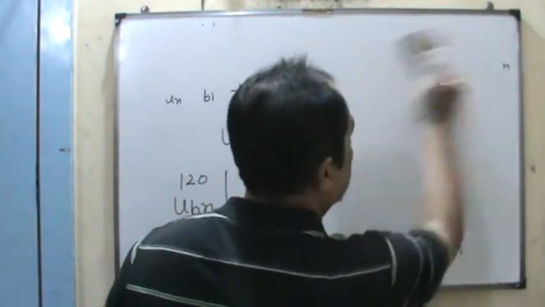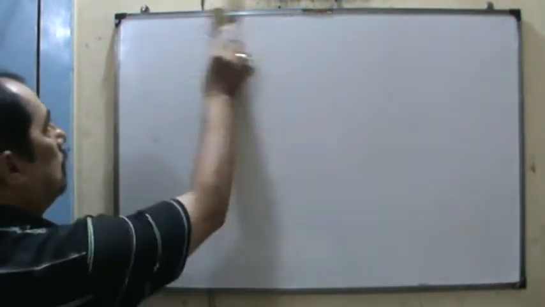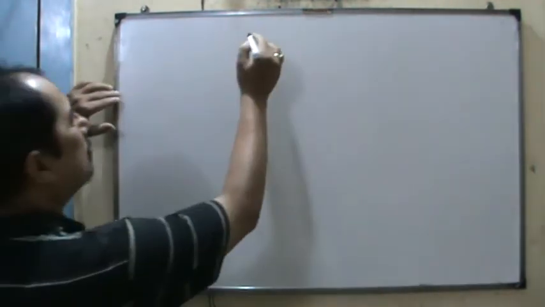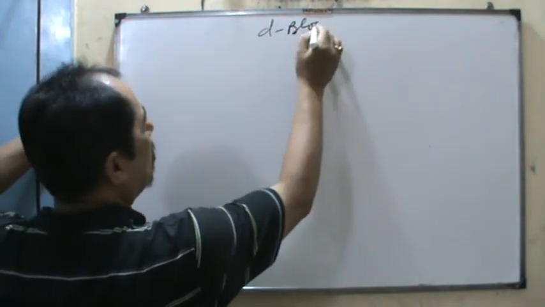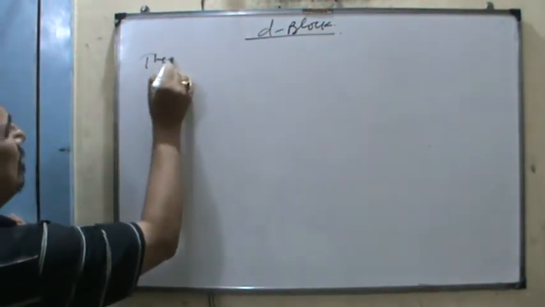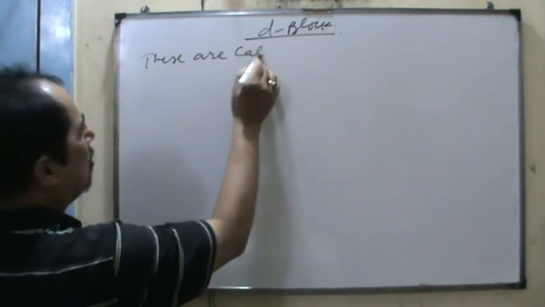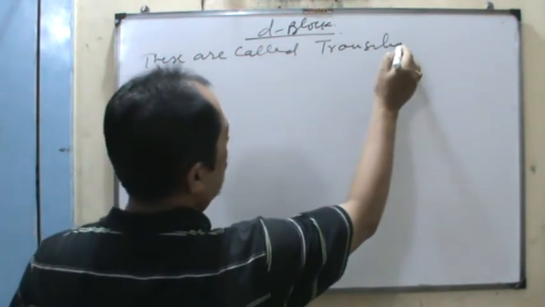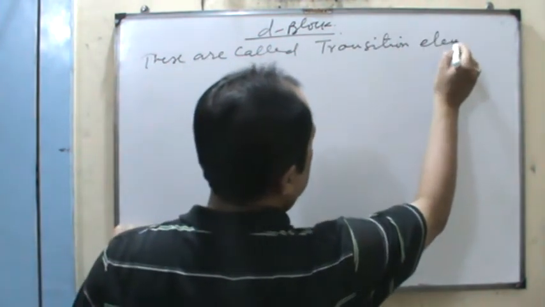Next is the D block elements. These are called transition elements.